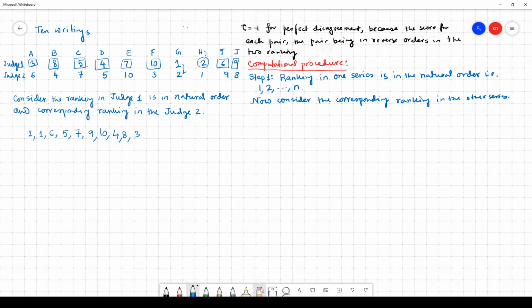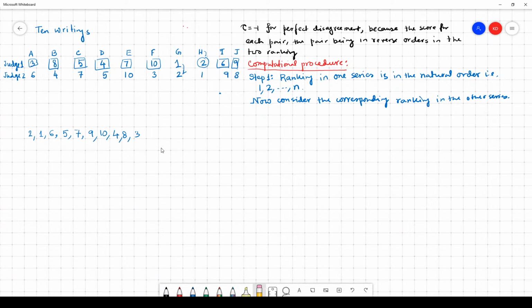So I think it is better to write it that way. Please rewrite this.